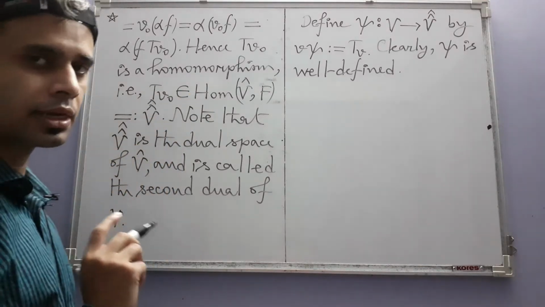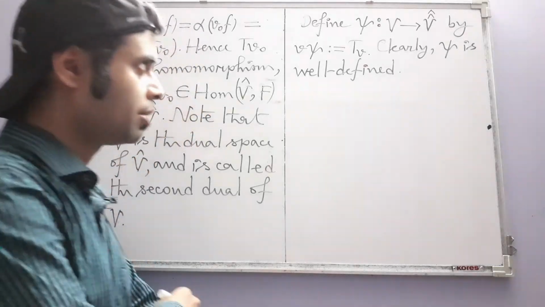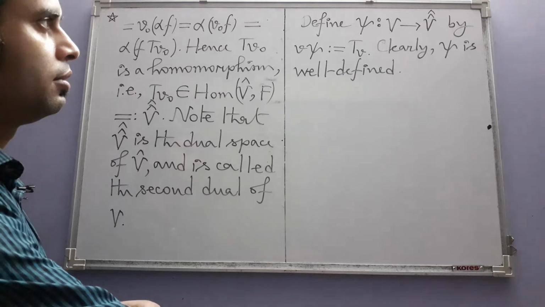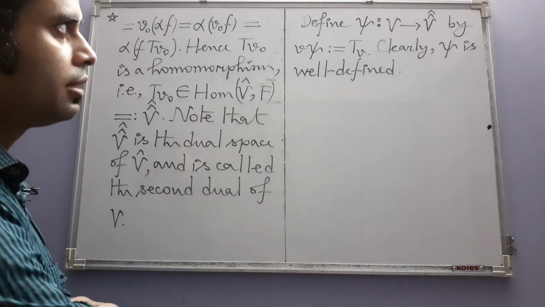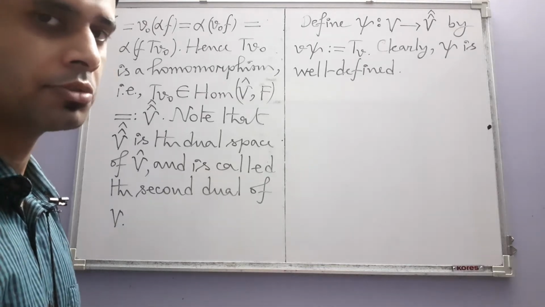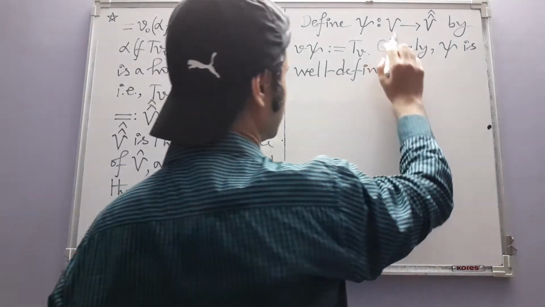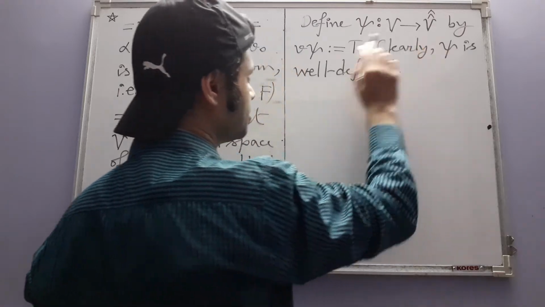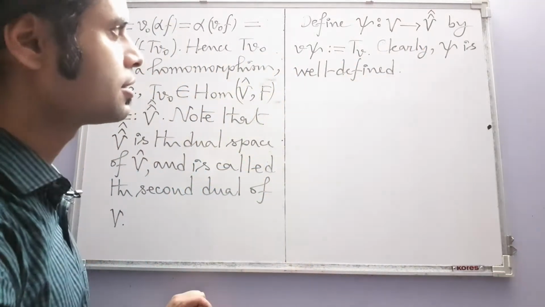So that is why psi is well defined. But now what we want of psi is that we want psi to actually be an isomorphism, an onto isomorphism. So that will then be that natural isomorphism between a vector space and its second dual.